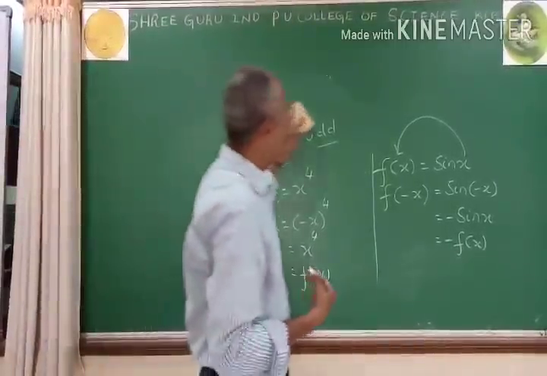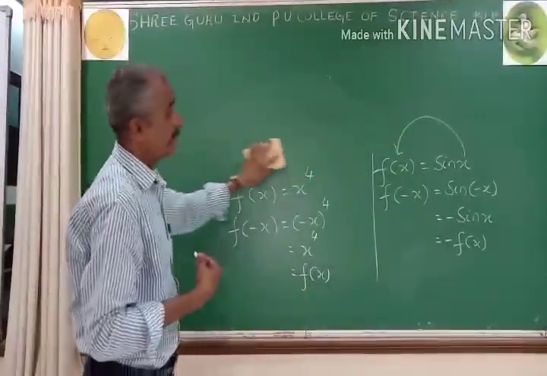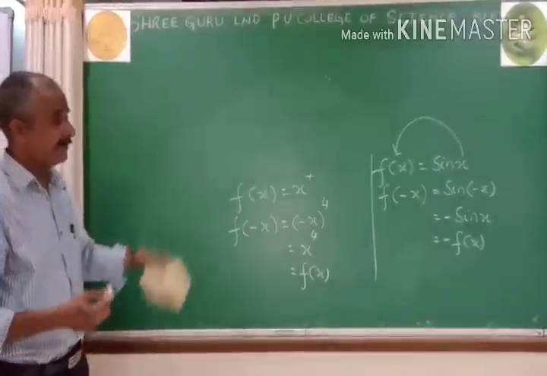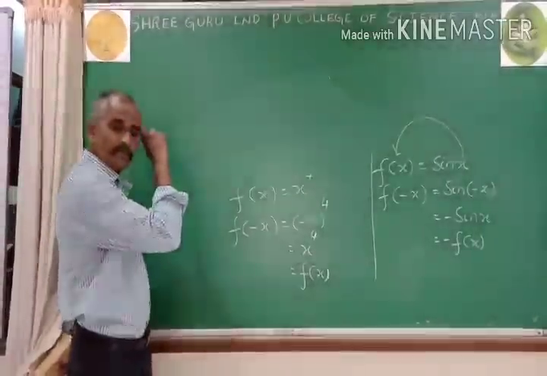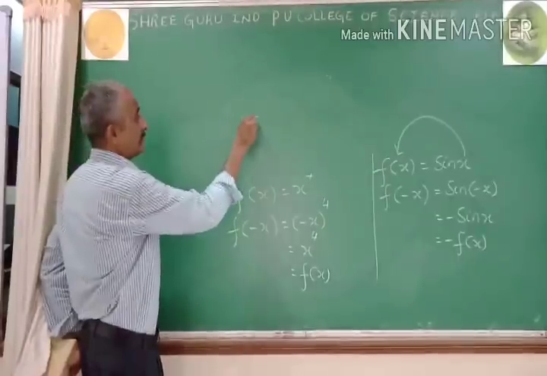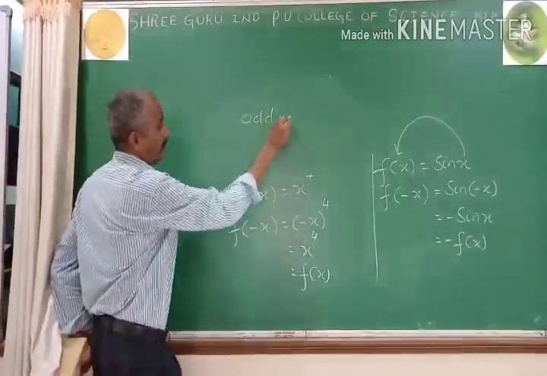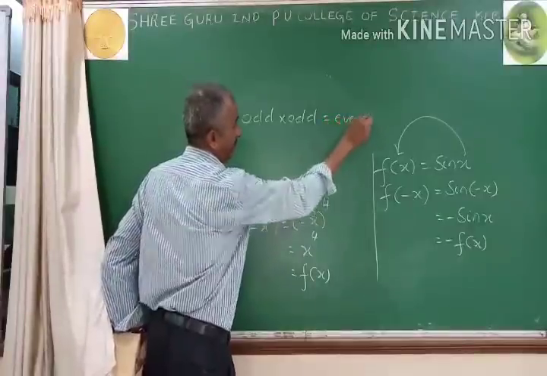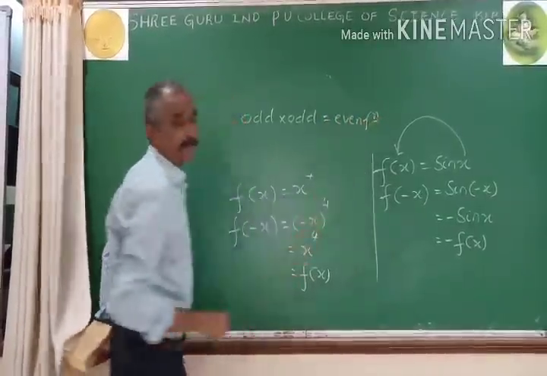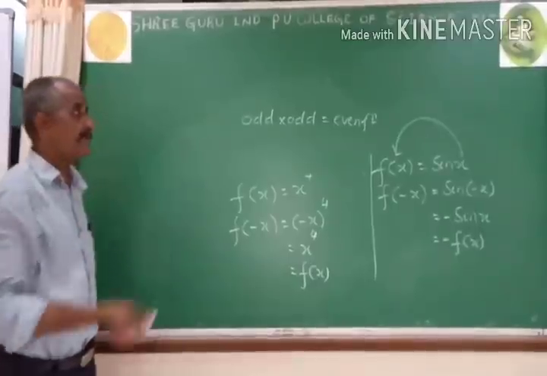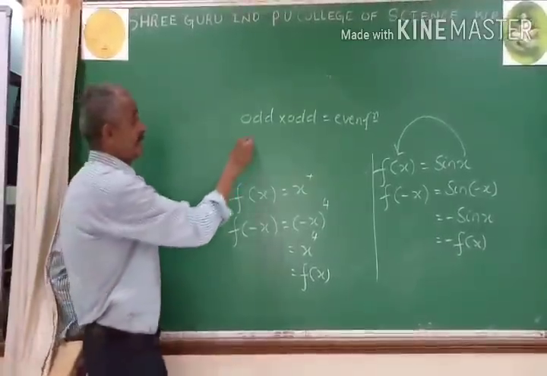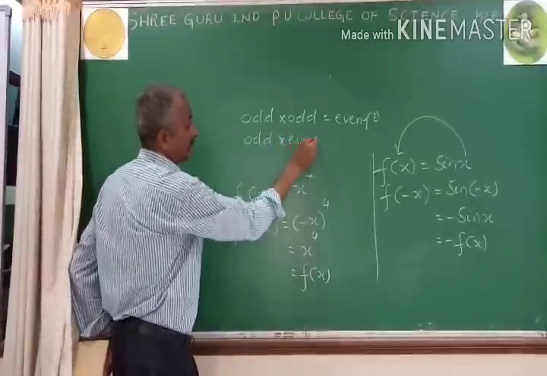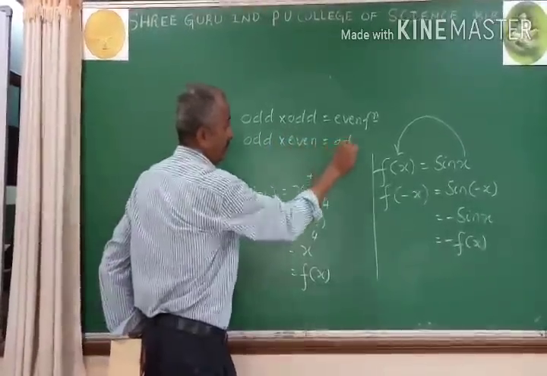And we have some very good properties of odd and even functions. They will be very useful in integration. In particular, odd function multiplied by odd function is always an even function, whereas odd function multiplied by even function is always an odd function.